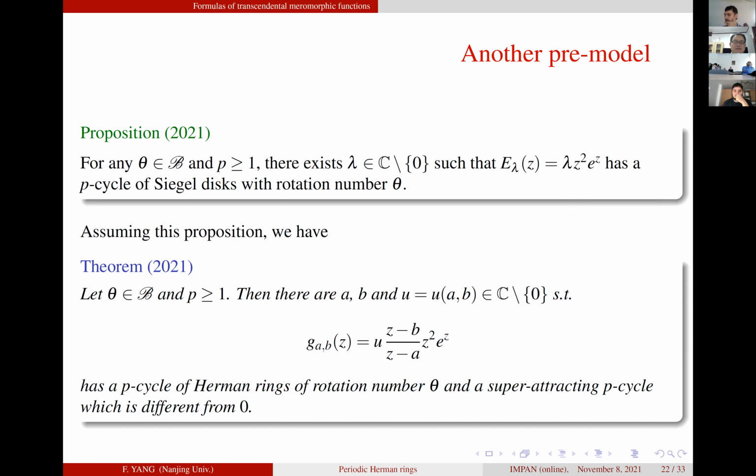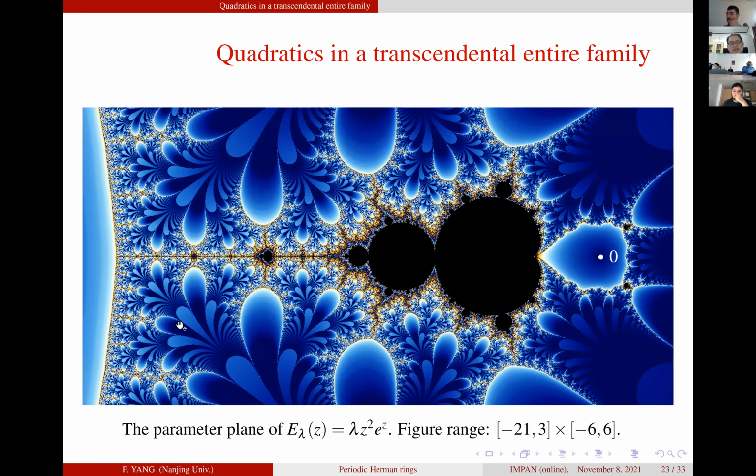This is the parameter space of the model map E_lambda equals lambda g squared EG. We can see a Mandelbrot-like set in the parameter space.